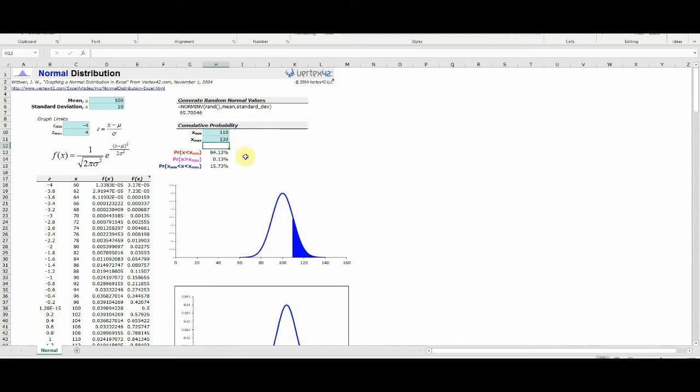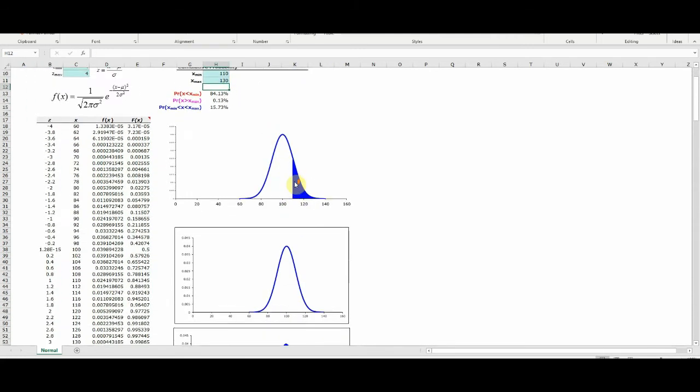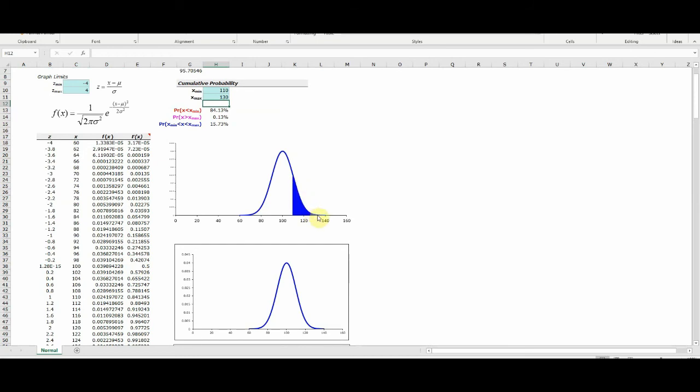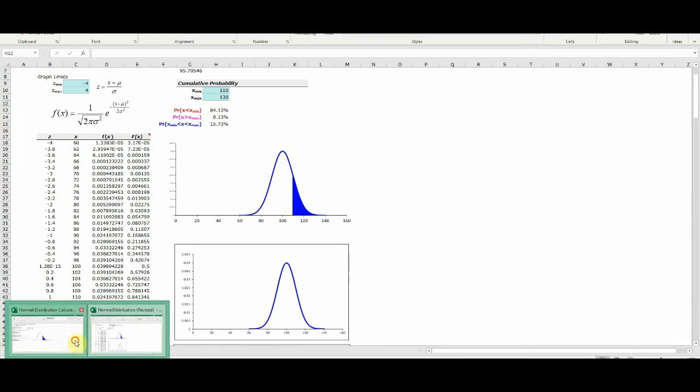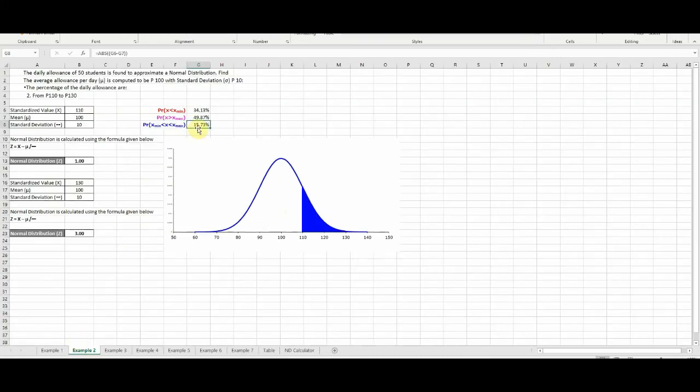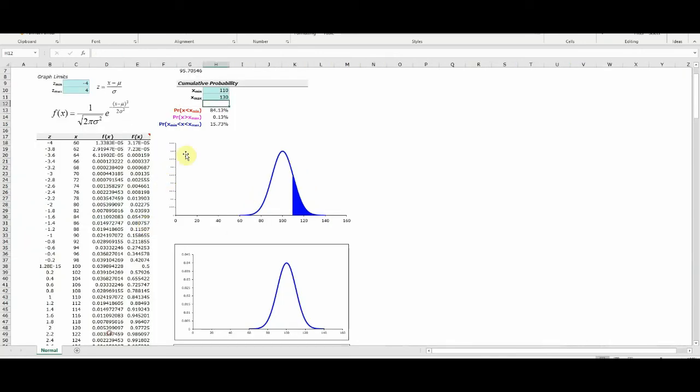Now you can see the graph, it is on the right side. So I mean to say, it is from 130 and from 110, it is on the middle. Now, what are we going to do? We're going to subtract the two given probabilities, which is 15.73, which is the actual probability of having an allowance of 110 to 130. Now, let's have the third example.